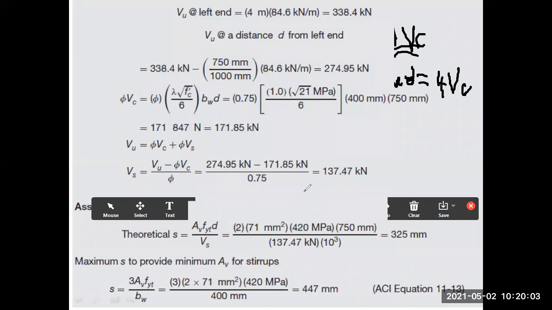We said in the code it has a limit. It should not exceed 4 or 5 VC. But if we've got VU at D equal to 4 times VC, do we need to modify the beam cross section or not?